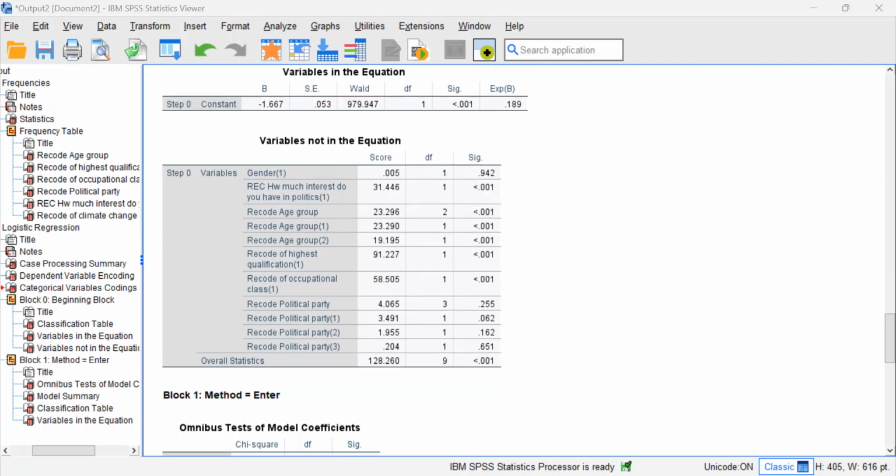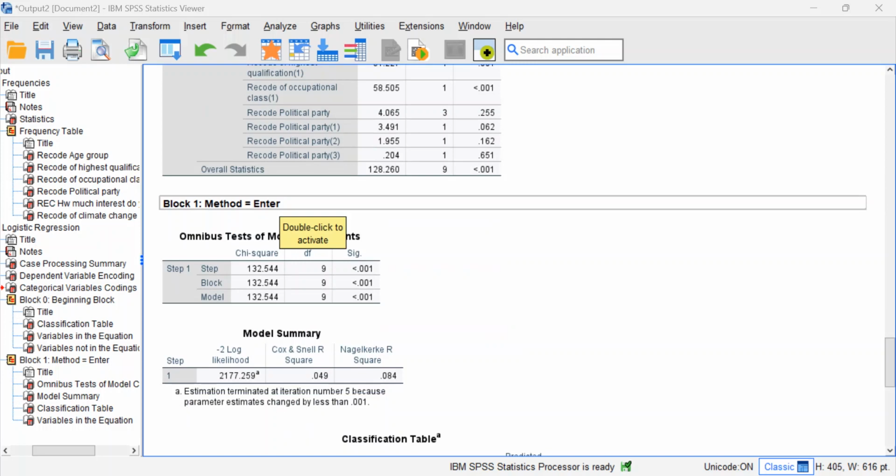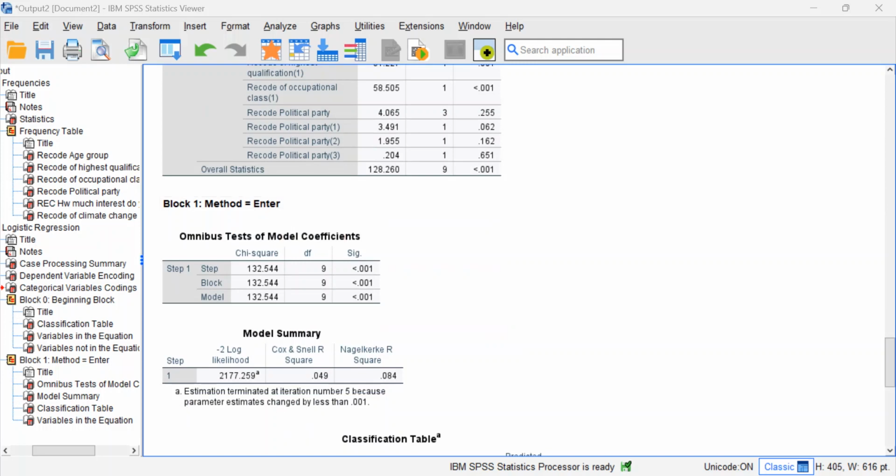The next bit of information is about what happens if we run the model with no variable. So that's what we might call the baseline. And then we enter all of our variables. We're using the simplest way of entering the variables, which is entering them all at once. I'm not going to show you other ways of doing that. Just do the enter all at once.